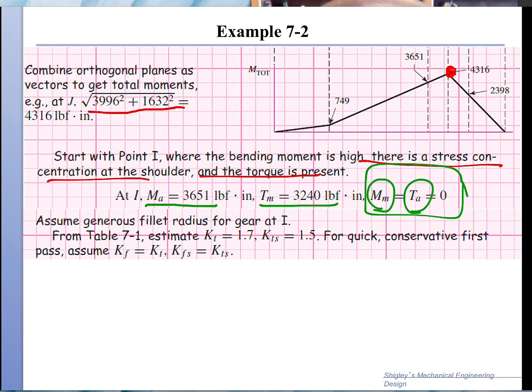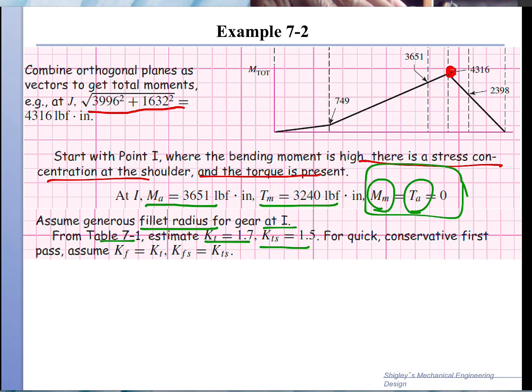So with these conditions, we are ready to calculate stresses if we know the stress concentration factors. For that, we have to make some assumptions. We're going to assume that there's a fillet radius for the gear at I, and from the table, we estimate the stress concentration factor Kt is 1.7 and Kts is 1.5.